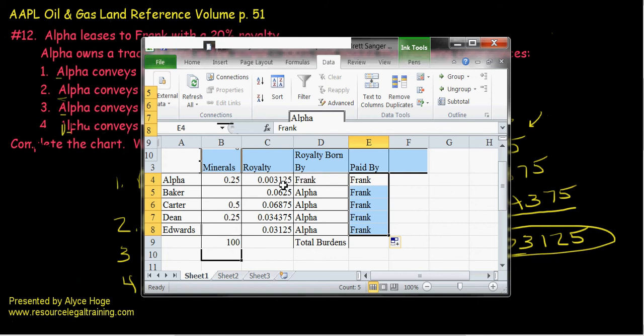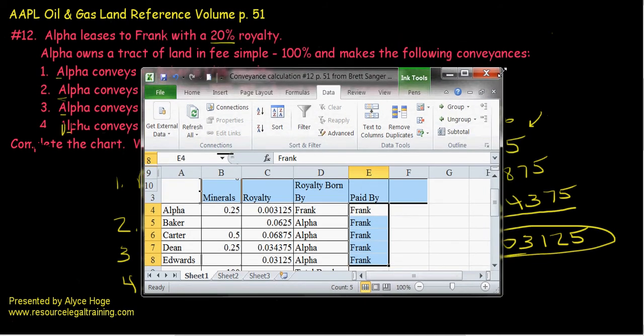For the royalties, Alpha has a 0.003125, Baker has a 0.0625, Carter has 0.06875, Dean has 0.034375, and then Edwards has a 0.03125. And then the royalties are borne by Frank, who created the first one, and Alpha created the remainder, but in actuality Frank is going to be the one making the actual payments.